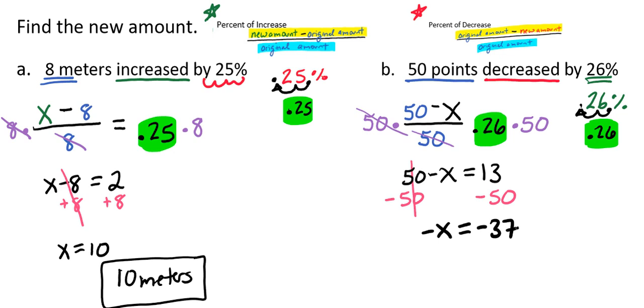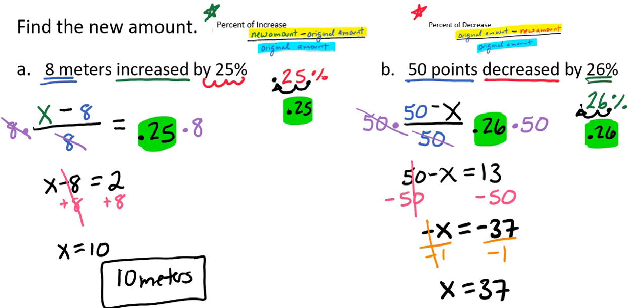Now we're not done here because we still have this negative out in front and we don't want that to be there. So to get rid of that, we are simply going to divide both sides by a -1. And that's going to cancel out those negatives. And that's going to leave us with x equals a positive 37.